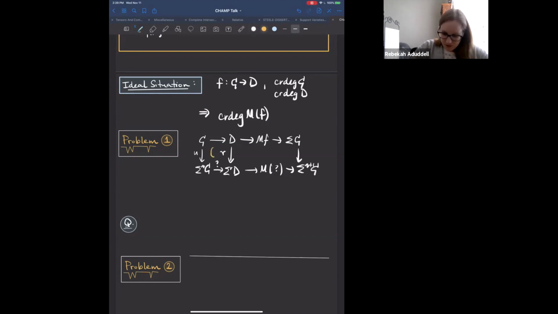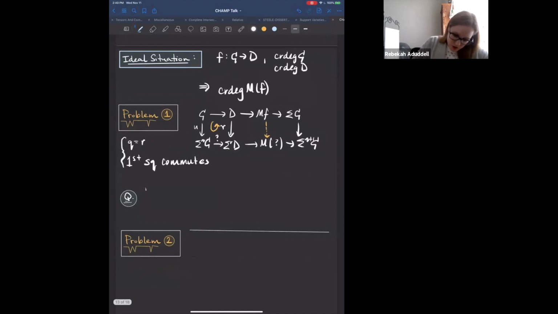If we have this diagram of triangles and that first square commutes up to homotopy, then we would get an induced map on the mapping cone. But let's make our work easier and say, assume Q equals R and the first square commutes. So let's assume this is true.